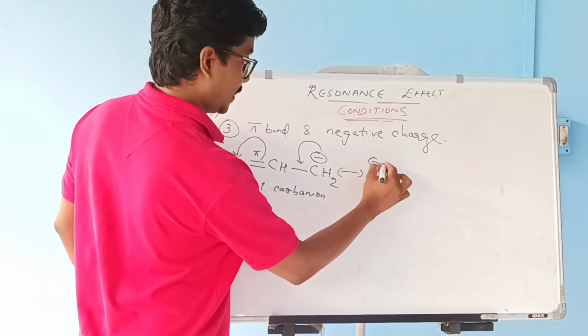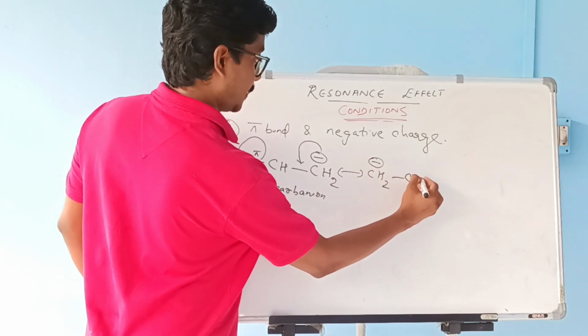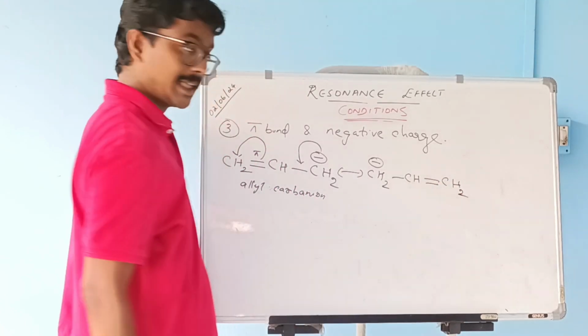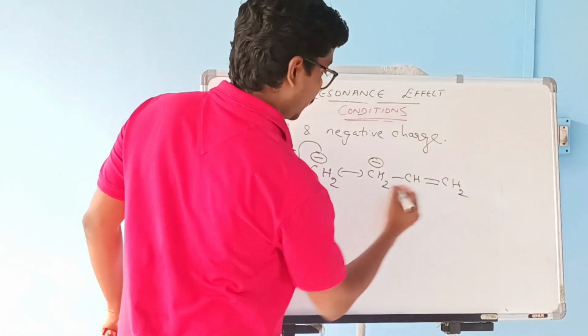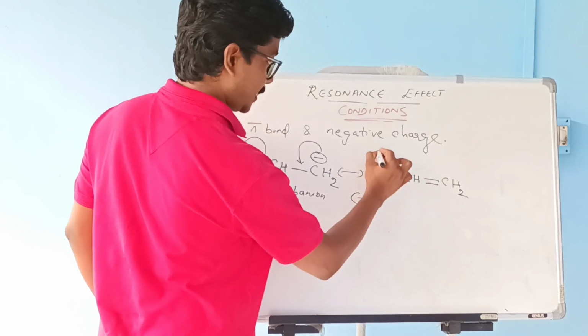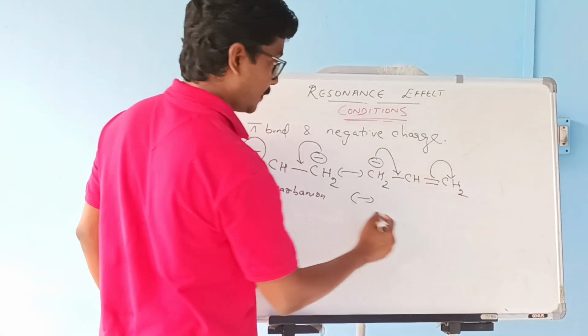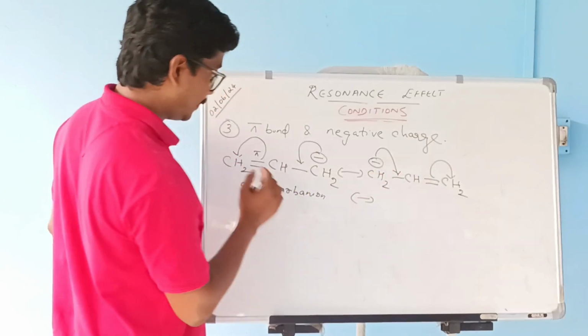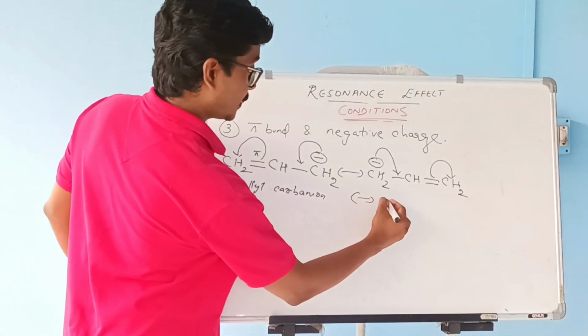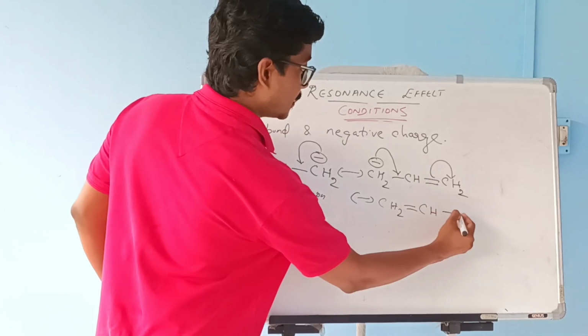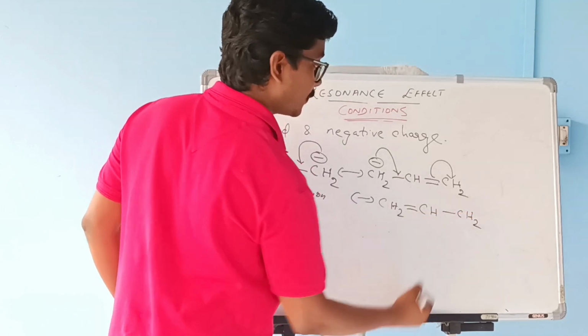CH2 minus CH double bond CH2. Okay. Similarly, this charge will come here and this will come here. So the same structure will repeat. CH2 double bond CH single bond CH2.